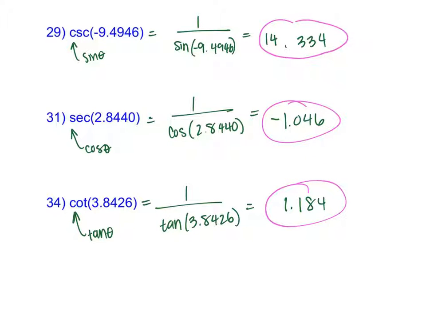And that's my answer. All right, guys, so to wrap up things for today, we basically learned how to use the calculator to find the trig functions for sine, cosine, tangent. The calculator does not have buttons for cosecant, secant, and cotangent.